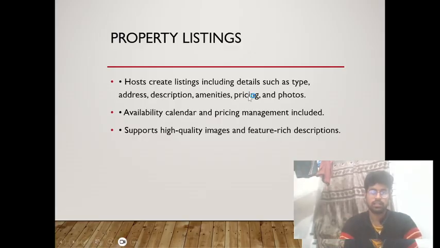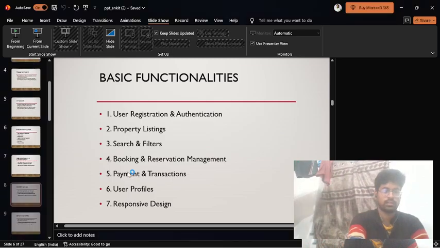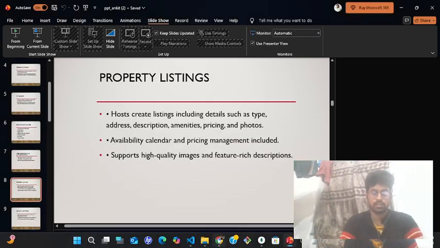The property listing details are saved on MongoDB plus SQL. If we want the detail, we click on it and check the calendar for the date we want to book, from which date to which date. So this is the page where property listing is.